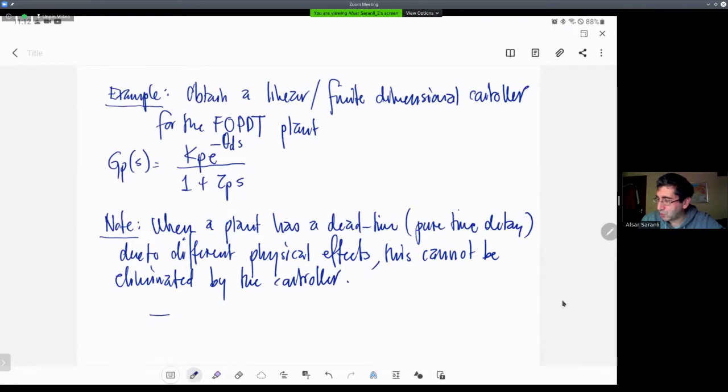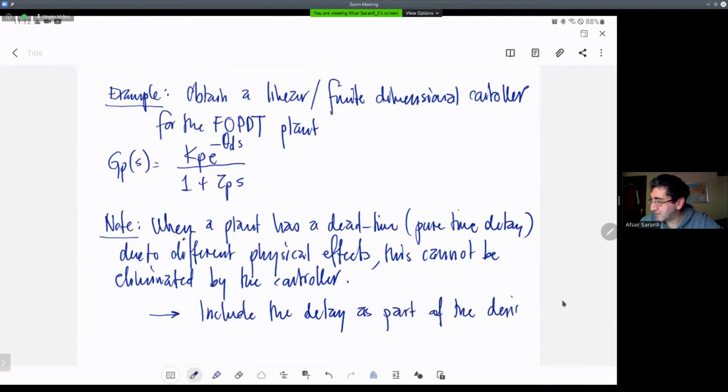So the solution for that is to include the delay as part of the desired overall transfer function.